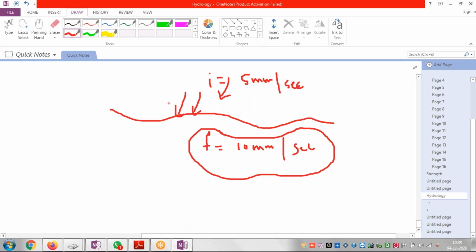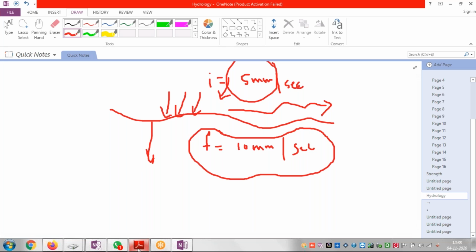What will happen? Whatever rainfall comes on the soil, the whole 5 mm goes inside the soil, and no runoff will happen, right? So in this case, what happened?